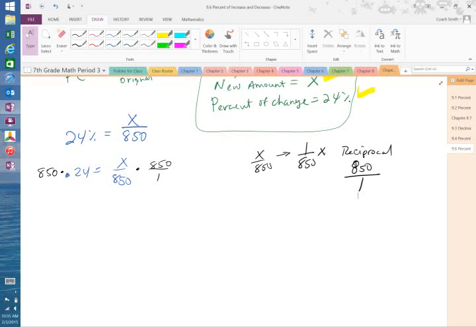Okay, yeah. Here, if we take 850 times 0.24, okay, that would be 0, 0, carry my 2, 4 times 8 is 32, be 34, okay, add a 0.